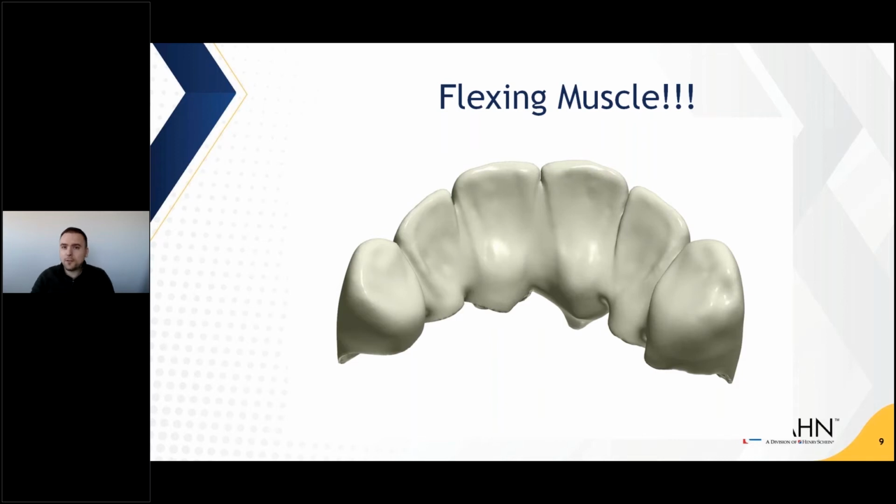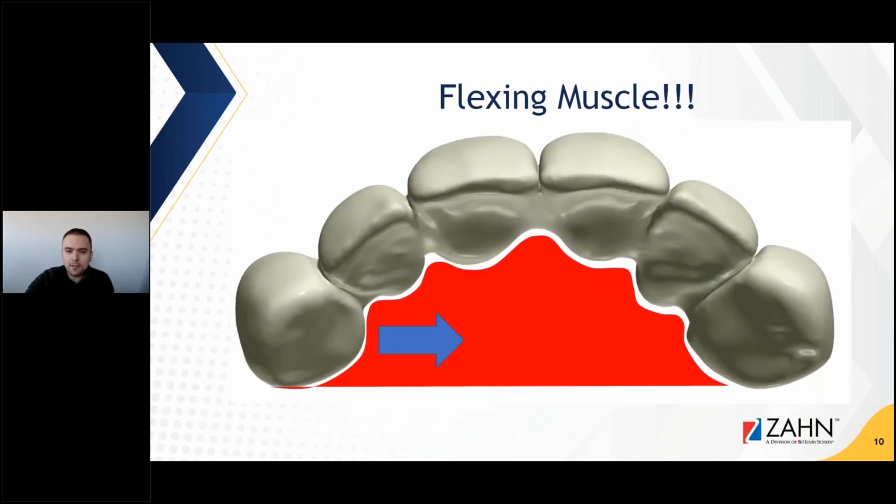So flexing muscle, right? We want to use that. So why is this important if you do create a proper connector in your bridge design? Well, here we have an anterior bridge with really nice wide connectors on the lingual. And we want to show you when those connectors are wide and rounded, the force distribution when that bridge takes on during your mastication, during your chewing, is it just kind of flexes, just like a regular arch bridge, right?